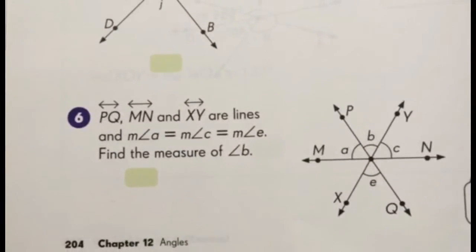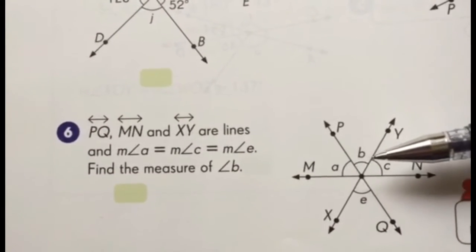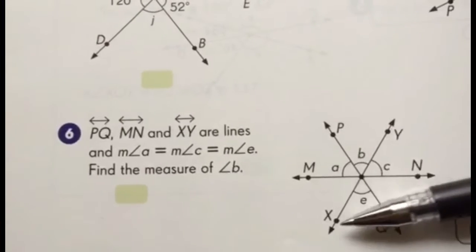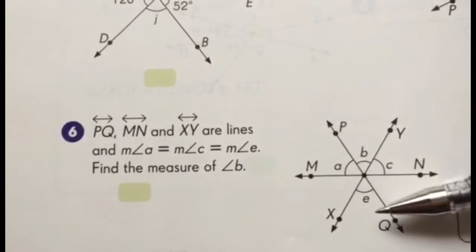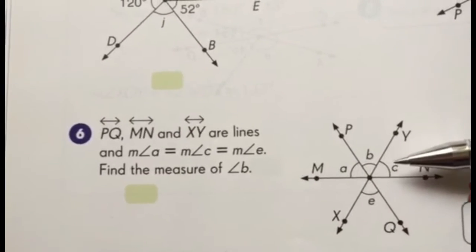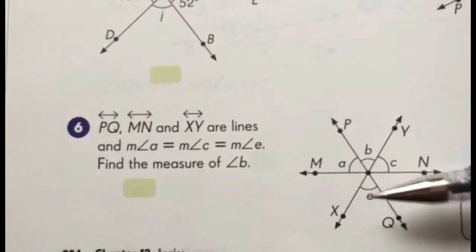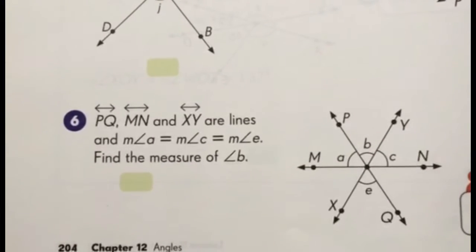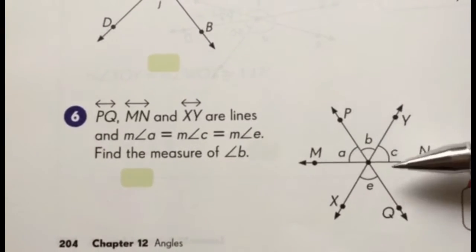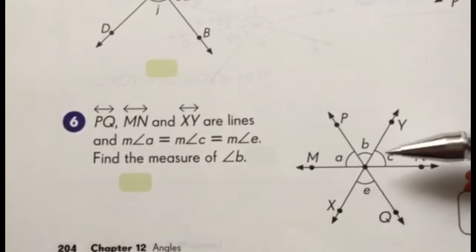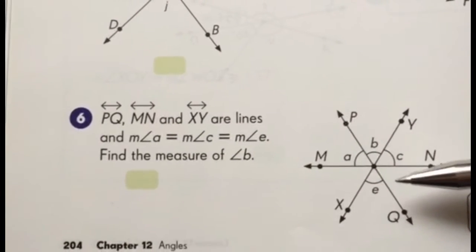And the last one, find the measure of B. There are some lines here, and angle C and angle E and angle A are equal. You don't know the measure of any angle, but using the property of vertical angles, you will find something about these angles, the relations of these angles.